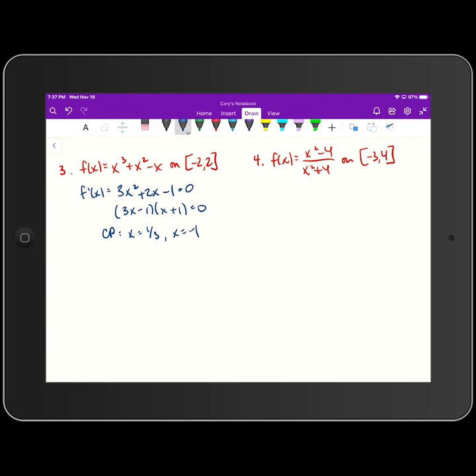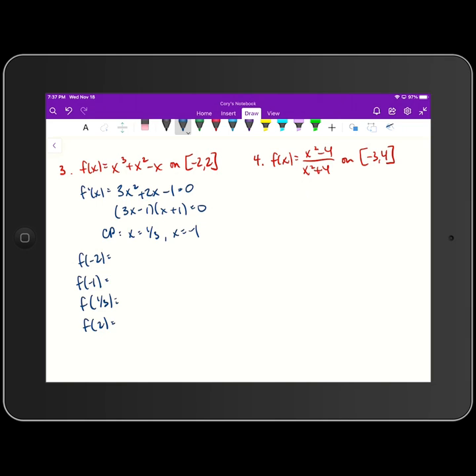Okay, so we have 4 values that we have to test. We have to test f at the starting point, -2, f at the critical point, -1, f at the other critical point of 1/3, and then f's value at the endpoint of 2. When we plug all of those values into our function, I'm not going to work through the algebra of this.